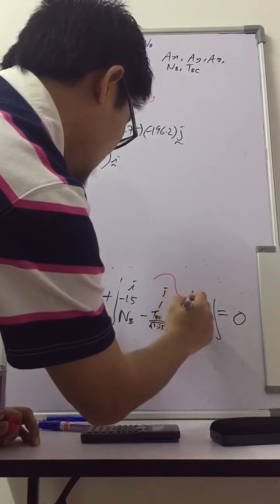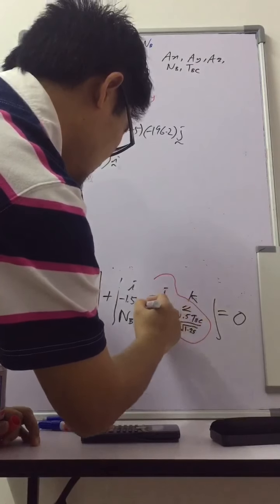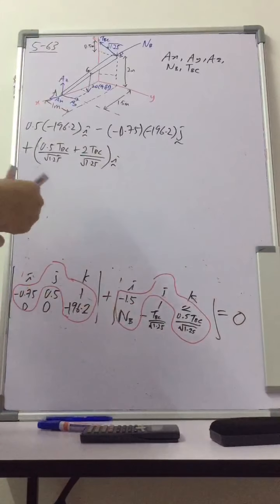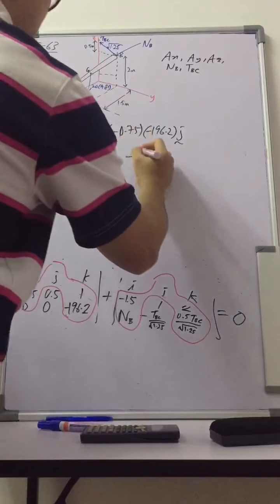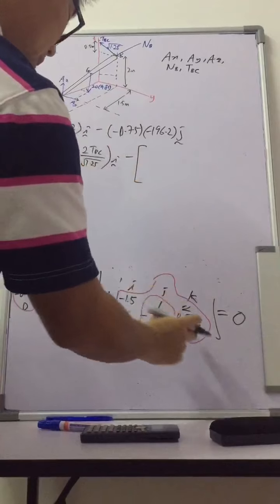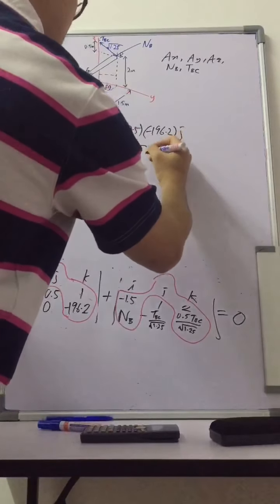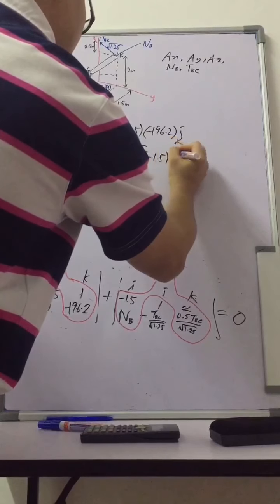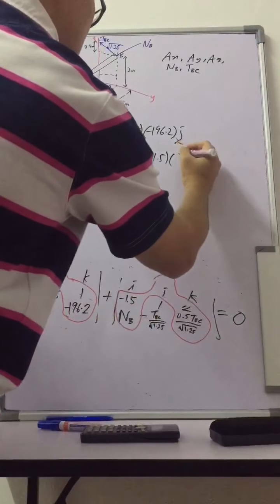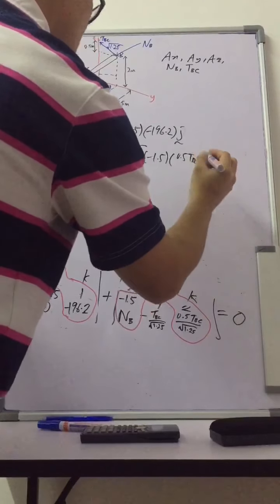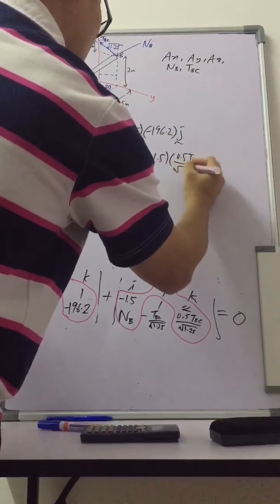So the j will be minus, okay, j will be this times that and that, okay, so it will be minus 1.5 times 0.5 TBC over root 1.25.